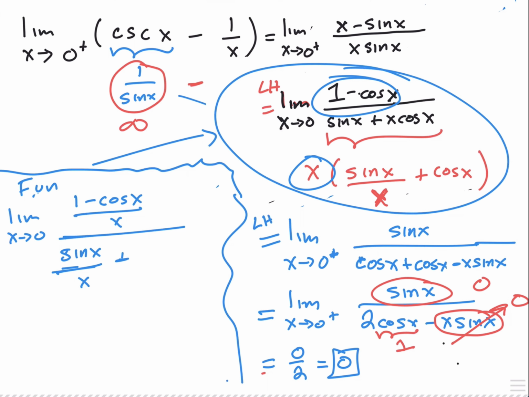plus cosine of x, right? So I didn't really do anything. All I did was that little x that I factored out, I just put it with the numerator, and then rewrote the denominator. Is that okay? No identities, just a little algebra.